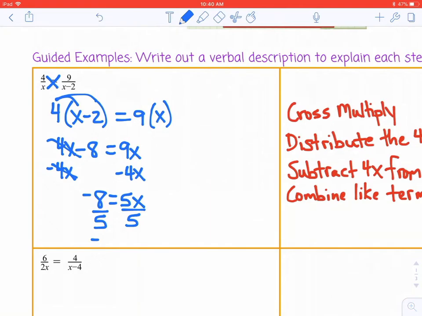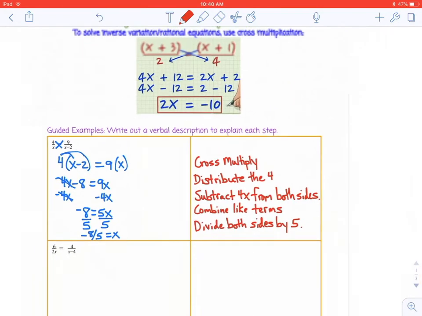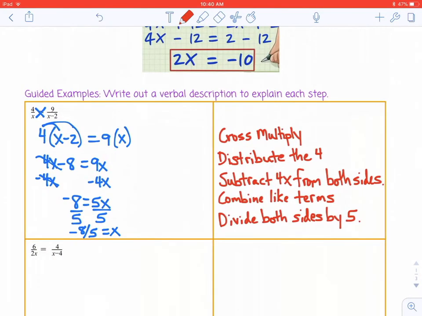And so then we get negative 8 fifths equals x. All right, so let's just write that we had to divide both sides by 5. All right, so example 1, we had to solve by cross multiplying and then describe each step verbally.